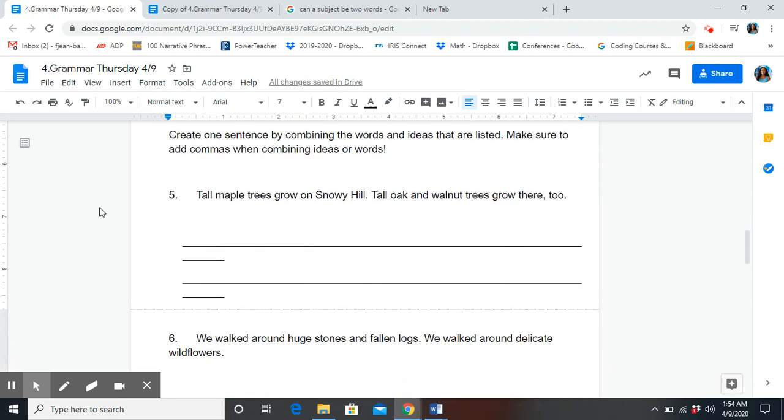For our second part of our practice work, we're going to create one sentence by combining the words and ideas that are listed. Make sure to add commas when combining ideas or words. Number 5. Tall maple trees grow on Snowy Hill. Tall oak and walnut trees grow there too. Let's think about what will be our subject of our sentence.